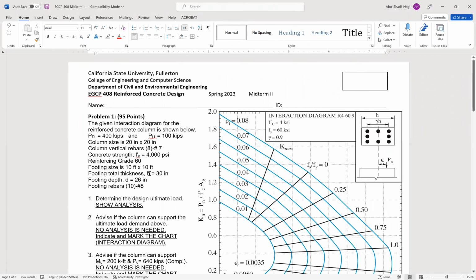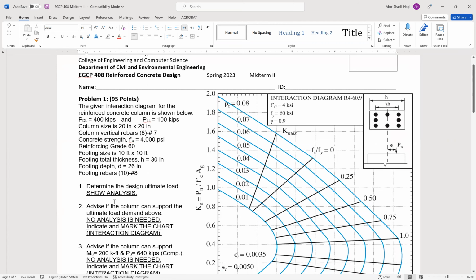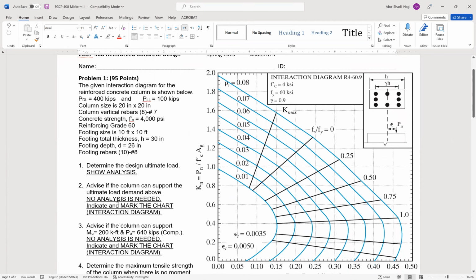Your question about number 2? Yeah, advise if the column is also. All right. Is everyone following us? You guys know what we are talking about here? Yes? No? I'd like to hear from you guys.